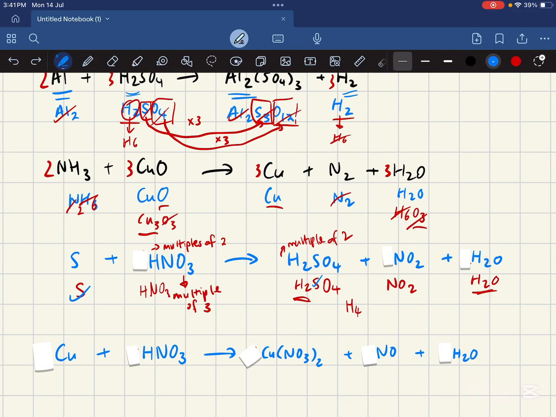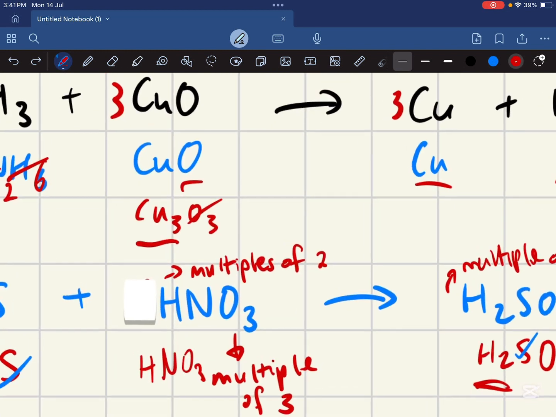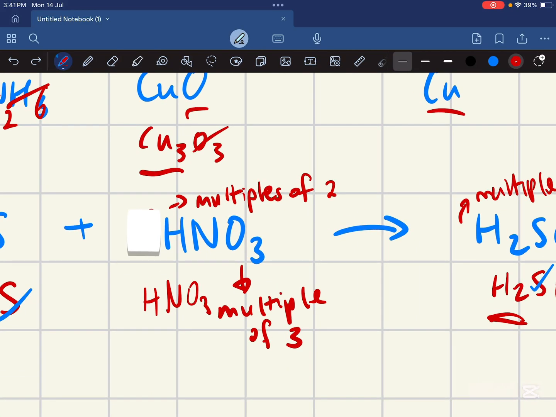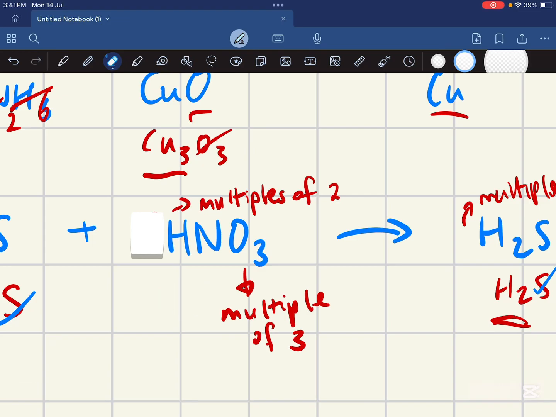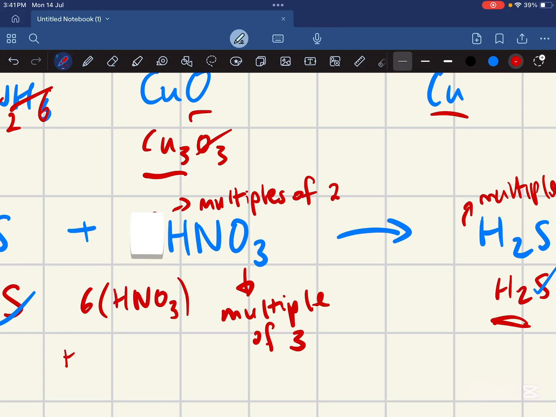Do we multiply it by 6? Yes, we can multiply it by 6. 6 is a multiple of 2. So now what if we multiply by 6? If we multiplied it by 6, we'll have H6 and 6, 18.